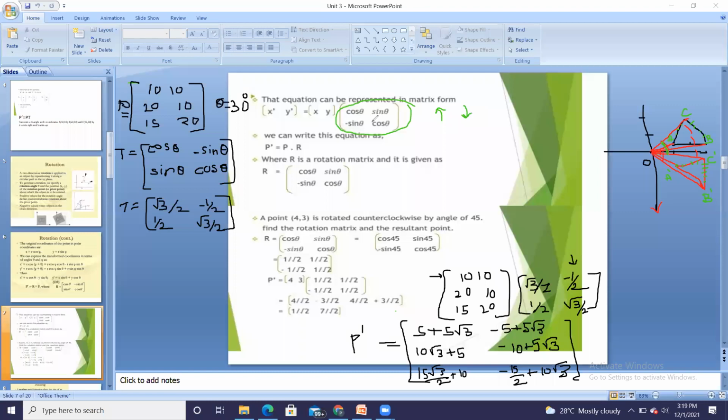So always remember only one T matrix and you can find out the other one by just exchanging these two fields. Right. So let us move to the next bit.